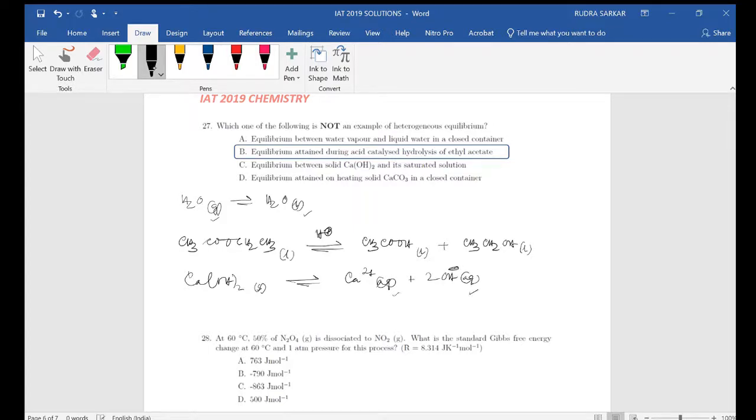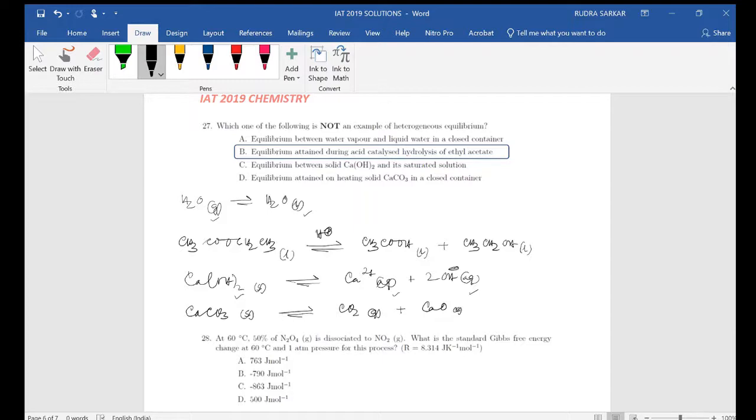So these are in the aqueous phase, whereas this is solid, so it is again a heterogeneous equilibrium. We have calcium carbonate, that is obviously a solid. We have CO2, which is gas, and we have calcium oxide, which is a solid. So this is again an example of a heterogeneous equilibrium.